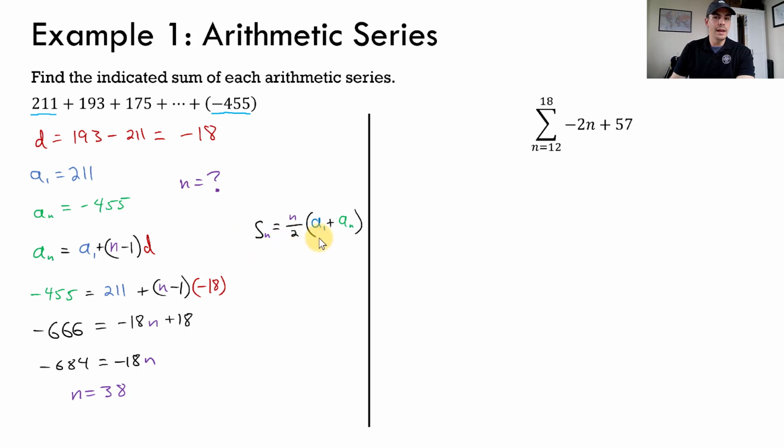Since I now know what n is, I'll plug in 38 for n, 211 for a sub 1, and negative 455 for a sub n. When I calculate that, I get that my sum is equal to negative 4,636. Okay, you guys pause the video now and see if you can figure out this sum in summation notation.